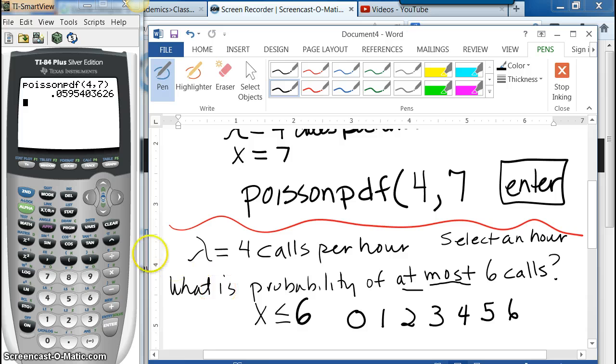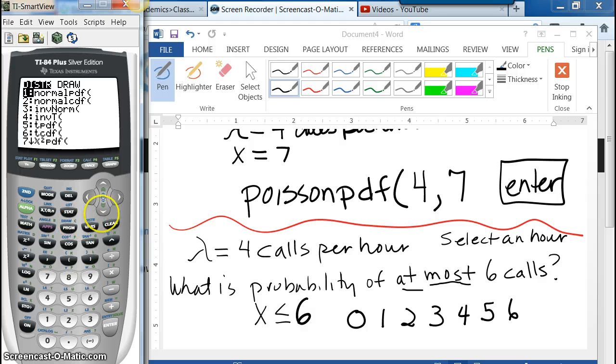But the calculator has a cumulative distribution on it, and you can find it by touching second, vars, come down to the Poisson, but now find the CDF. Oops, it went too far. Right here, Poisson CDF, and enter.